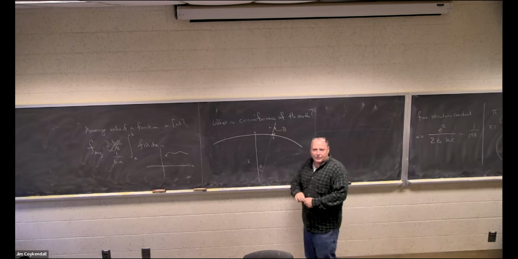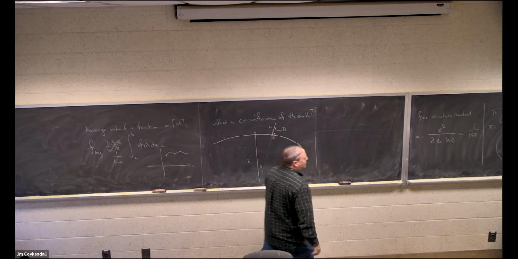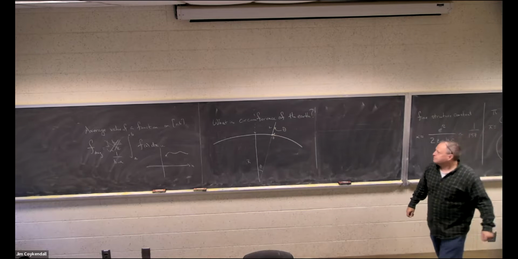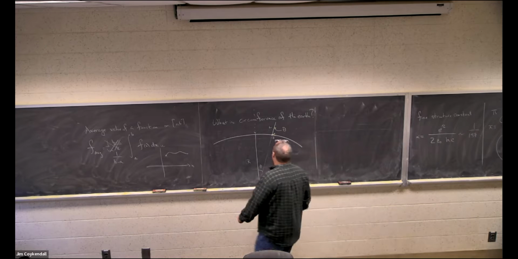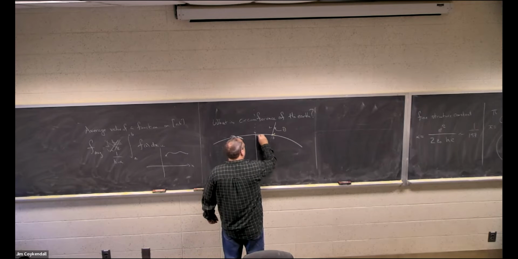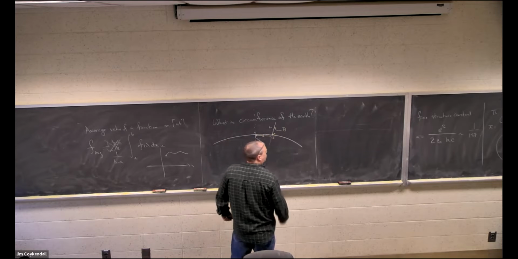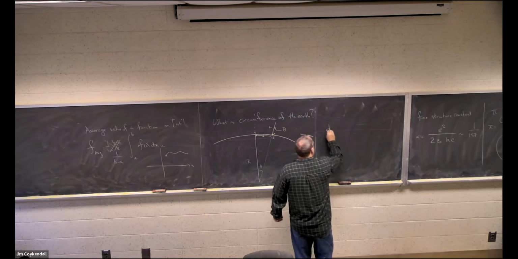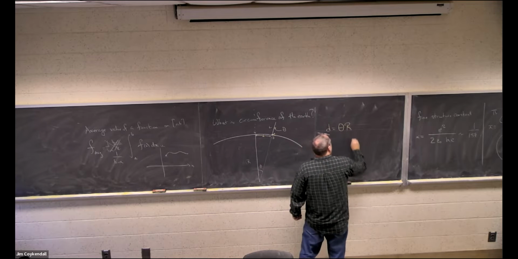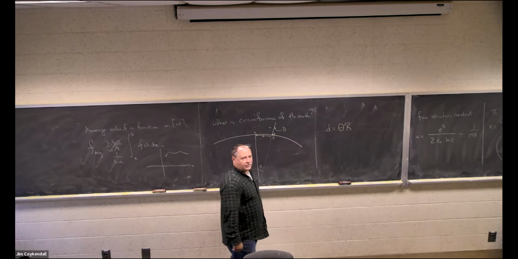And he knows enough about circles to know this formula that we have here, right? So this distance here along the curved route is equal to theta times the radius of the Earth, which he doesn't know.